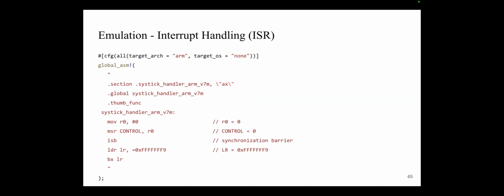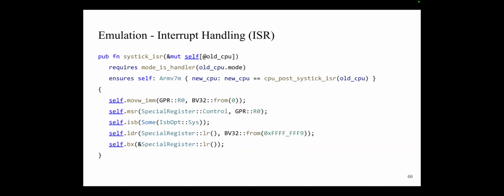This isn't really nice to think about. But what's great is that we can lift it to our emulation, right? And so now this is just a function. This is the SysTick interrupt service routine, and the function is just basically us calling all the instructions that we've lifted to Rust via emulation.